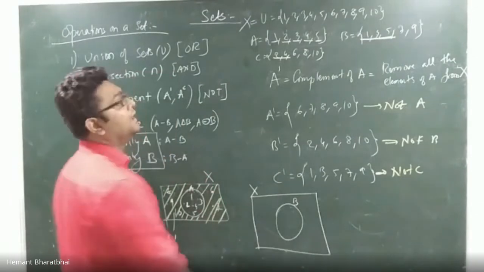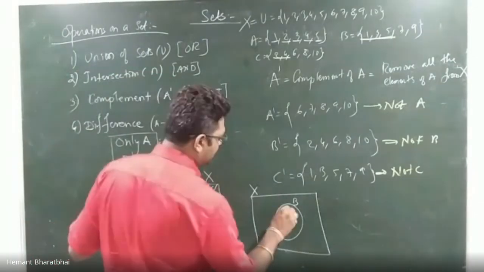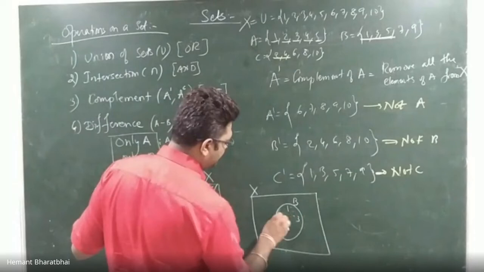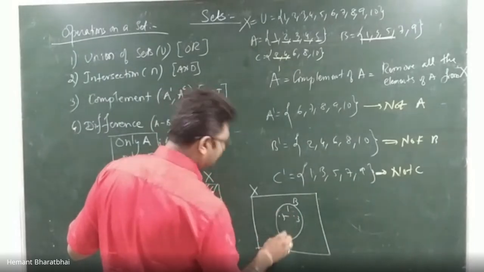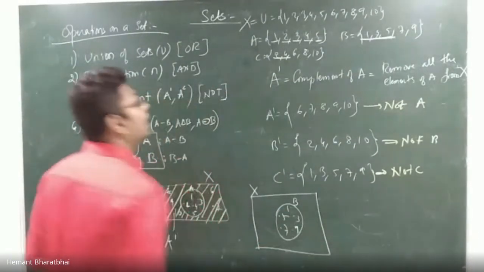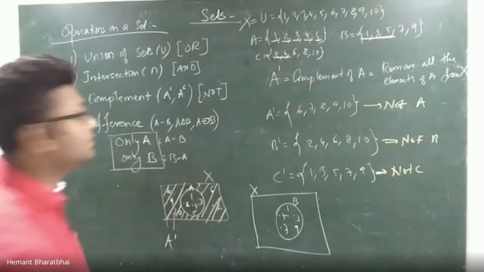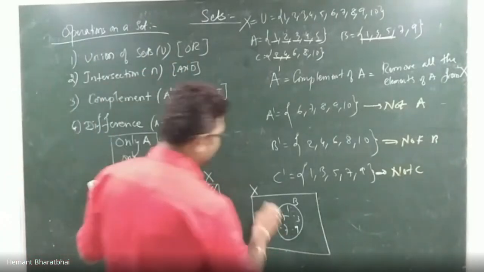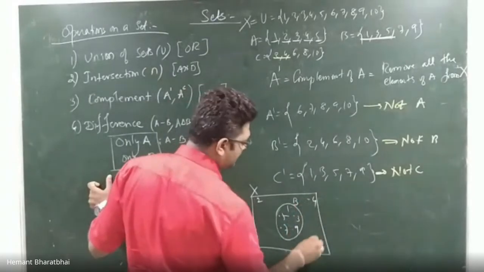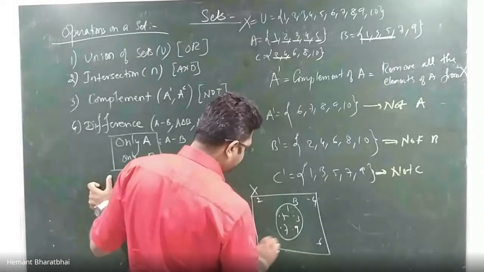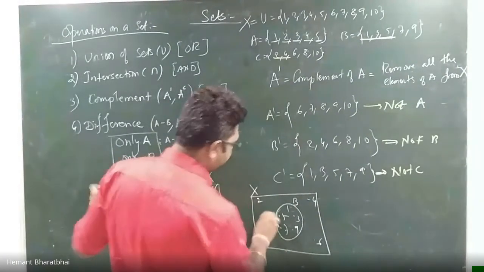I'll write B and all the elements in B, that is 1, 3, 5, 7, and 9. Apart from that, which other numbers are there? Over there it is 2, 4, 6, 8, and 10.